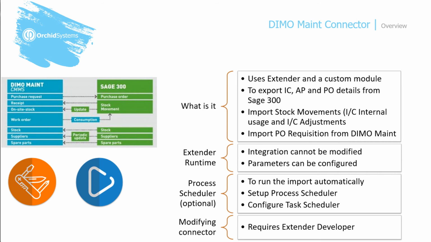We've seen that you can run the imports manually or through Process Scheduler, and we've looked at the various scripts and events and view events and scripts that are part of the out-of-the-box connector.